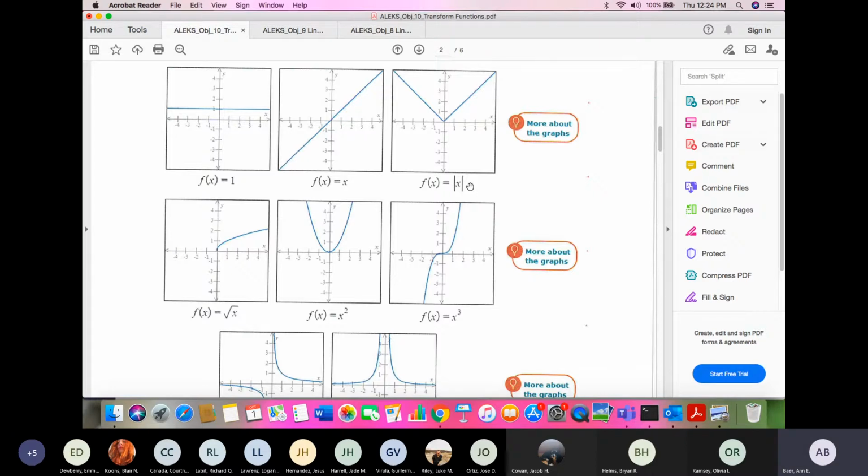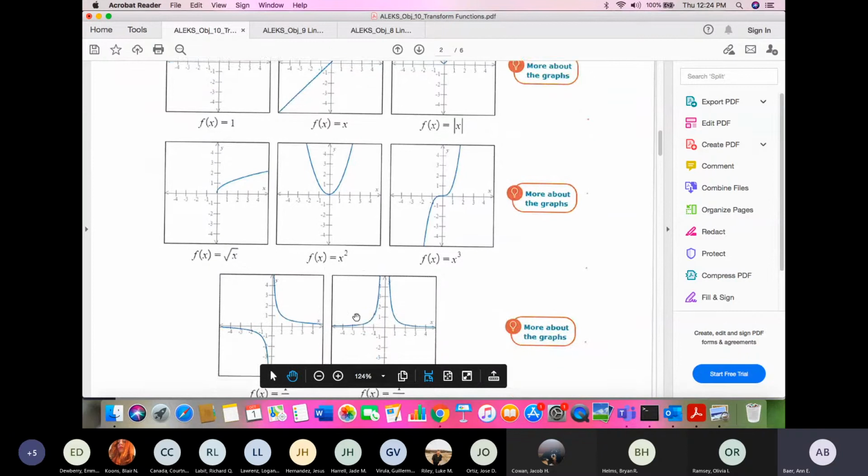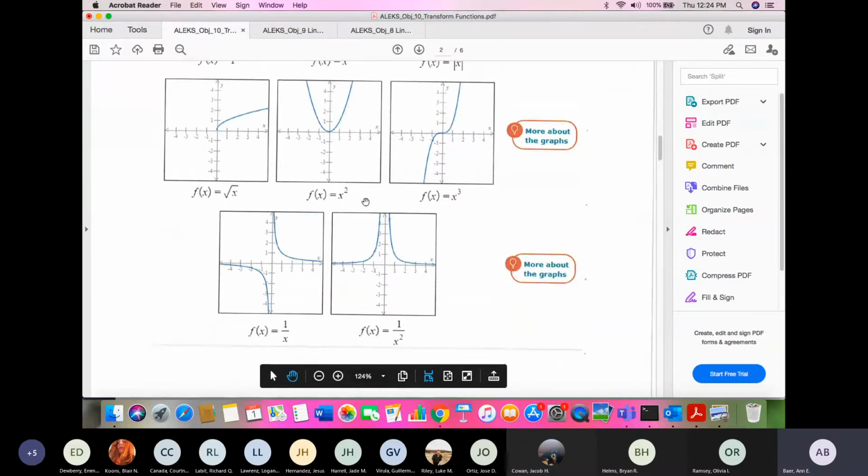So grab your graphing calculator. We want to look at f of x equals square root of x. This one, f of x equals x squared. We'll just review that. And f of x equals x cubed.